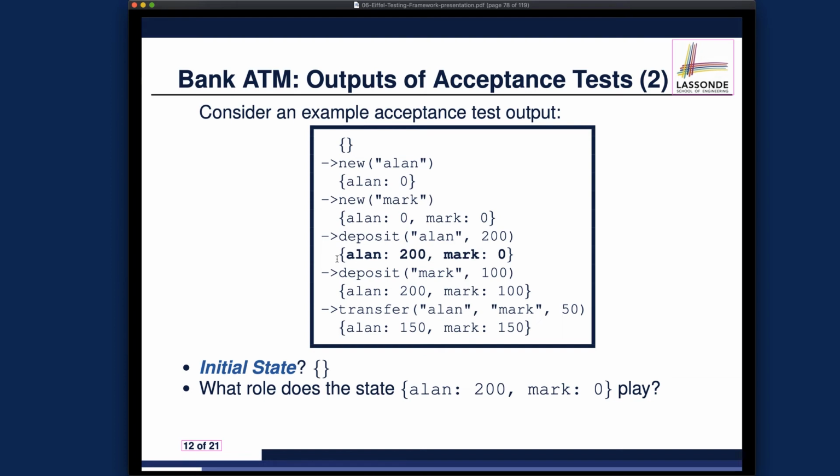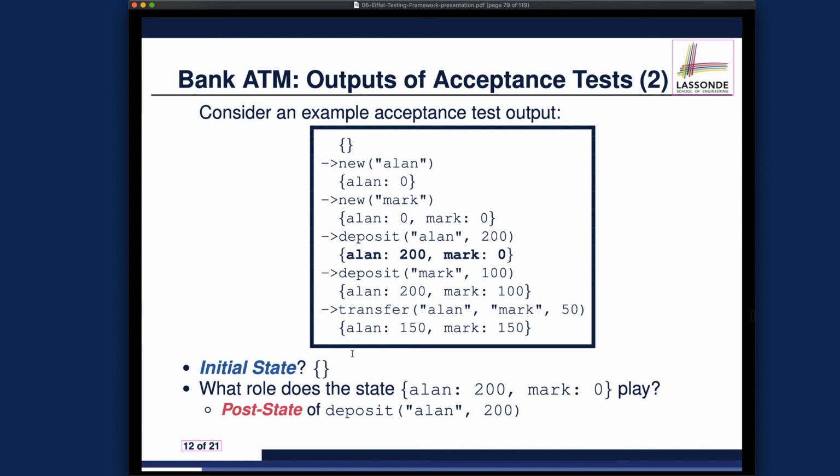For example, you can see this is exactly the state over here. As I said before, each state actually plays 2 roles, as a pre-state and as a post-state. But what is this particular state the pre-state of, and what is it the post-state of? That's the question. Maybe pause the video and come up with your answer.